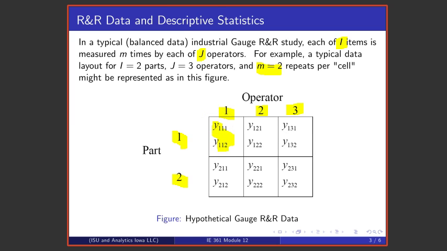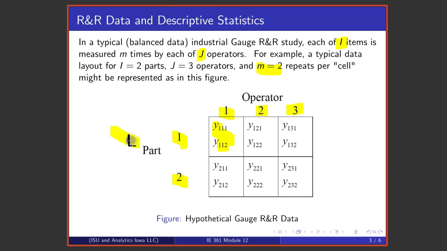To be careful, we're triple subscripting things, so the first subscript on a Y, on a measurement Y, tells which row, which part. The second subscript tells which operator or which column, and then the third subscript says which measurement in a particular part, operator, cell is involved.